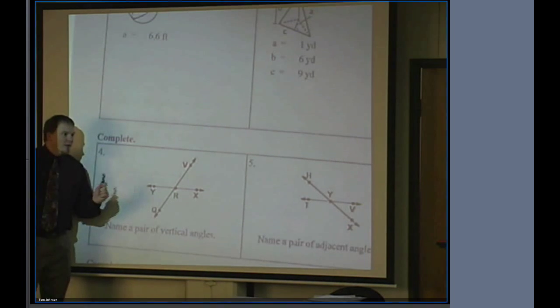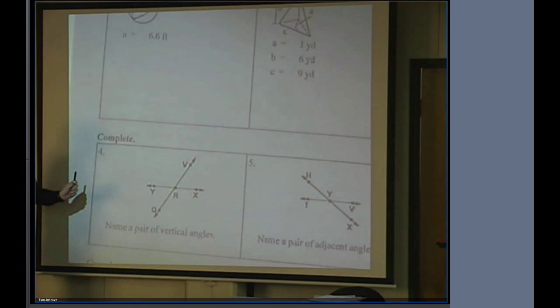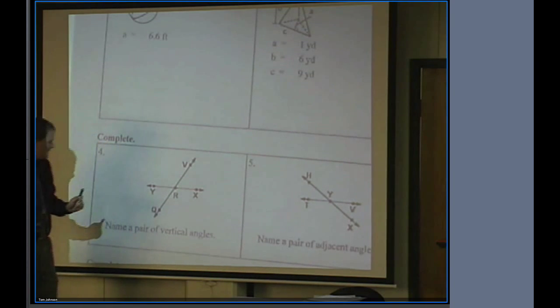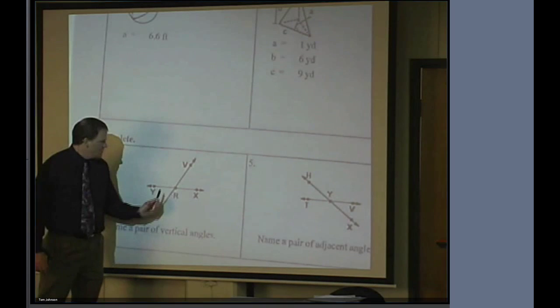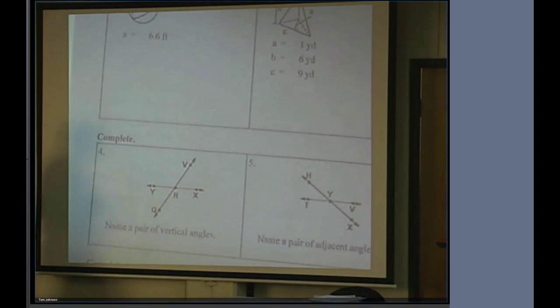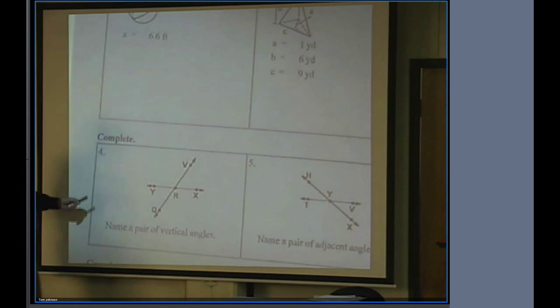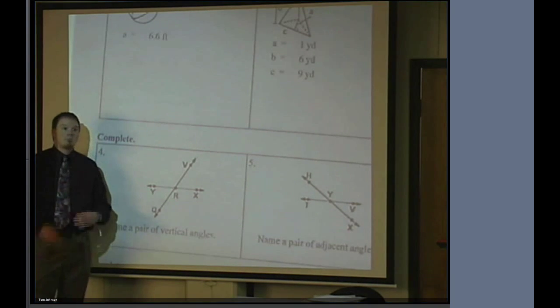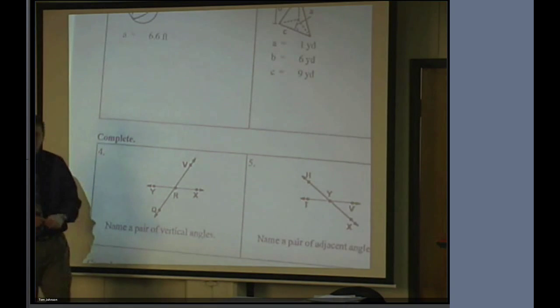So vertical angles here would be angle YRV and angle QRX. Those are two vertical angles. Two other vertical angles are angle YRQ and angle VRX. Vertical angles.